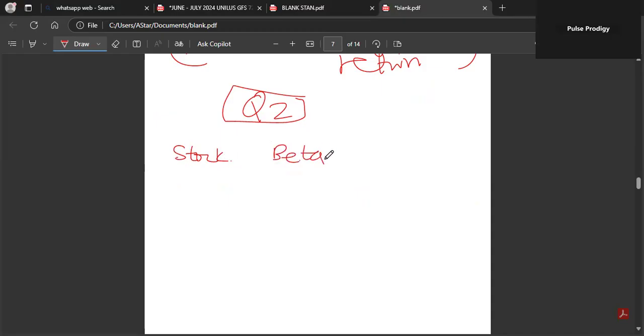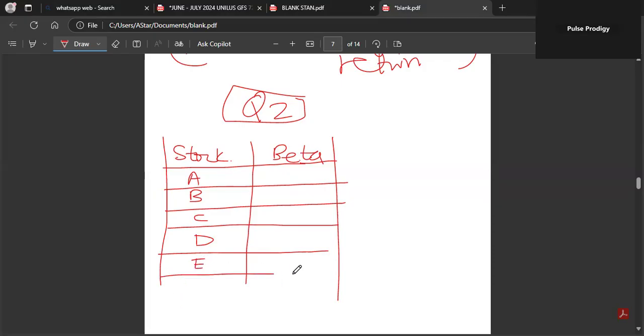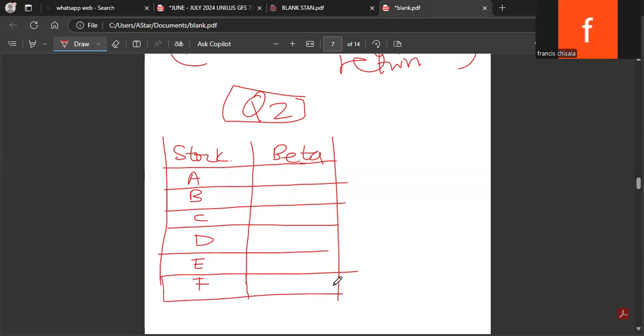I'll explain what beta is. I'm sure you are getting somewhere. So the stock A, B, C, D, E, and F. So the beta is what? 1.72. Are you able to see my screen?